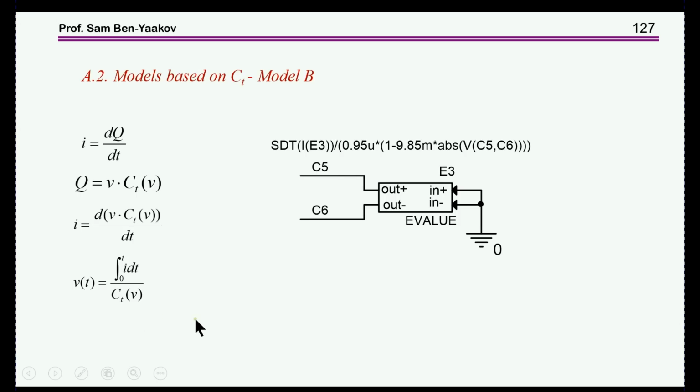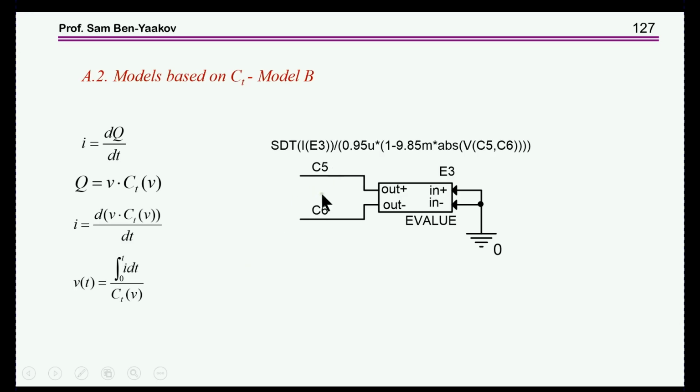Another way of doing it is to start with this equation, but rather than look at the current, to look at the voltage, or find an expression for the voltage. This I can do by taking the integral of the 2 sides, which shows that the voltage on the capacitor is the integral of the current divided by CT.